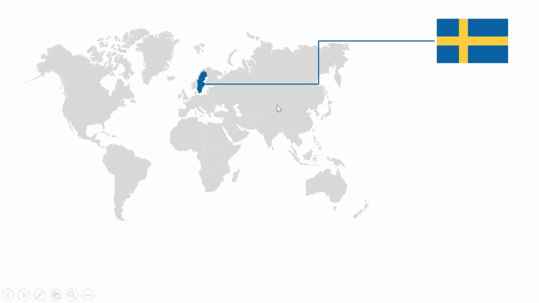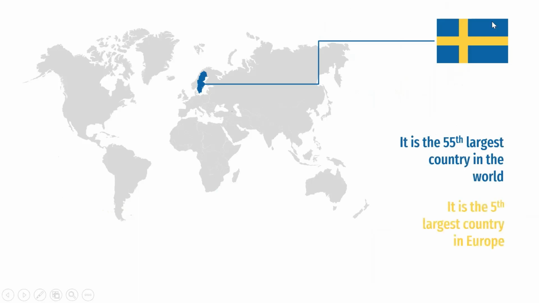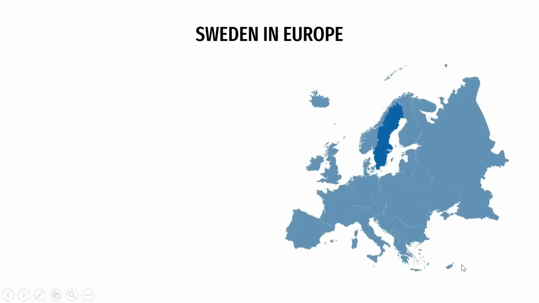So you can see Sweden on the Earth. It's the 55th largest country in the world, and it's the fifth largest country in Europe, and it lies in the continent Europe. Its area is 450,295 square kilometers. This is a map of Europe, and this is Sweden.